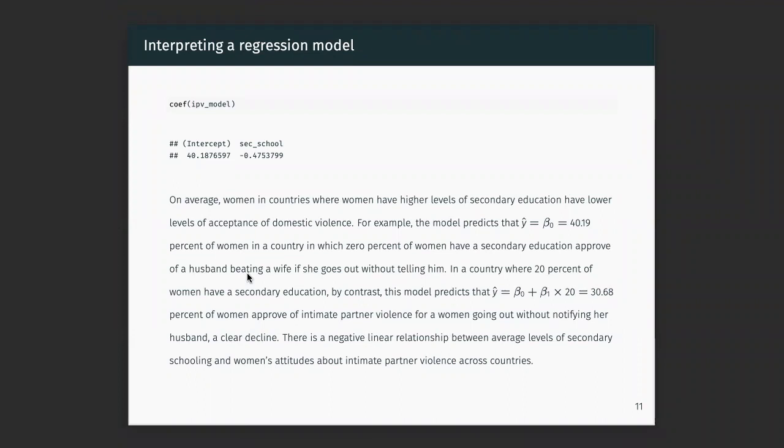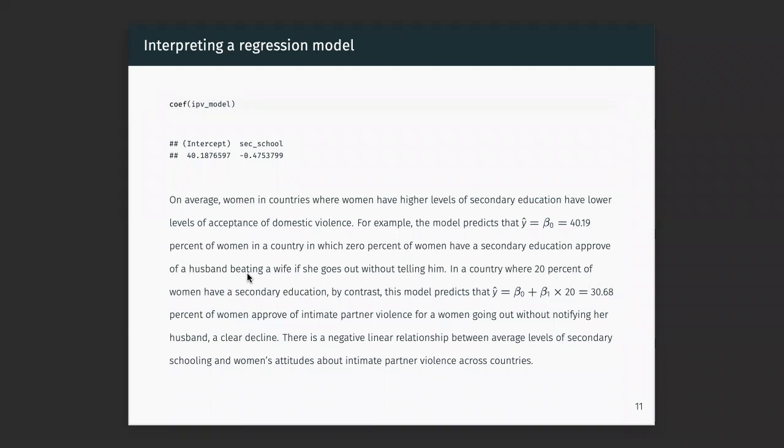So I want to illustrate what my model says about a country that has substantially higher secondary schooling than another country. My model says there's about a 10-point decrease in toleration for intimate partner violence when schooling increases by 20 points.